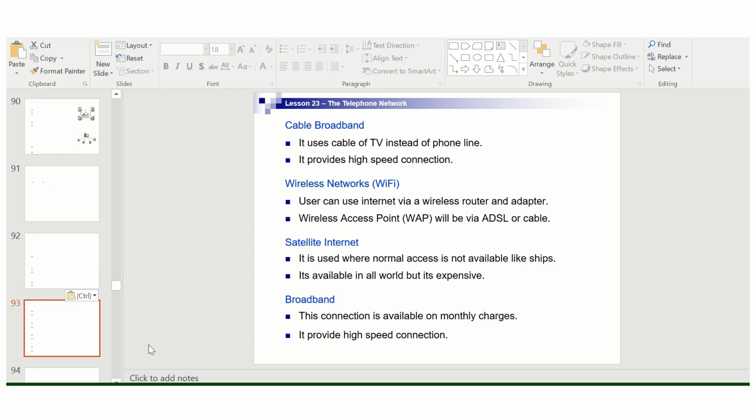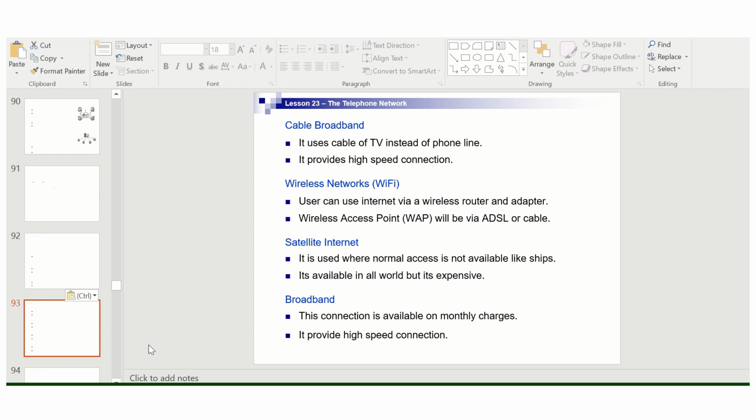When you're talking, let me just briefly talk about satellite internet, because this is really not DSTV or anything like that. This is the kind of connection which will be used if any other option is not available. It's very expensive.